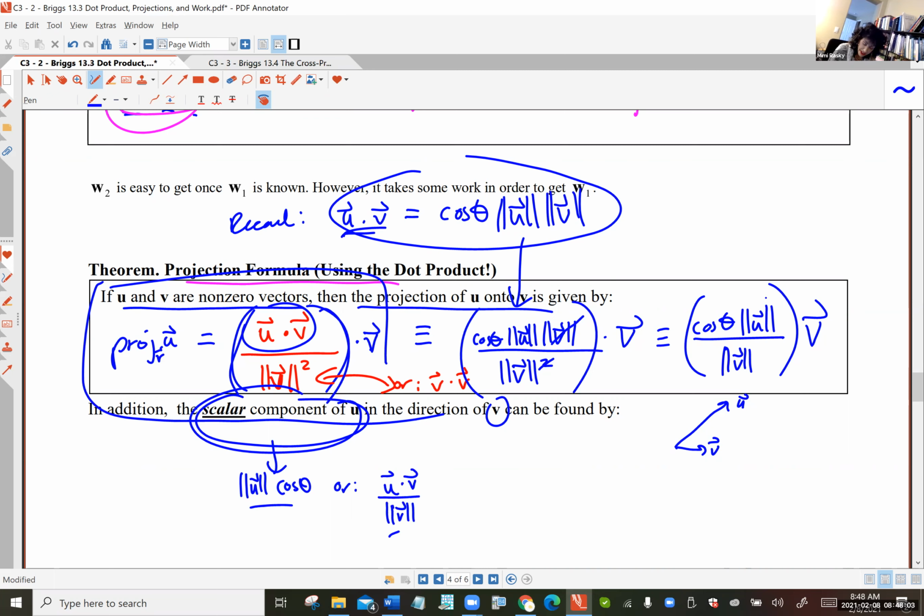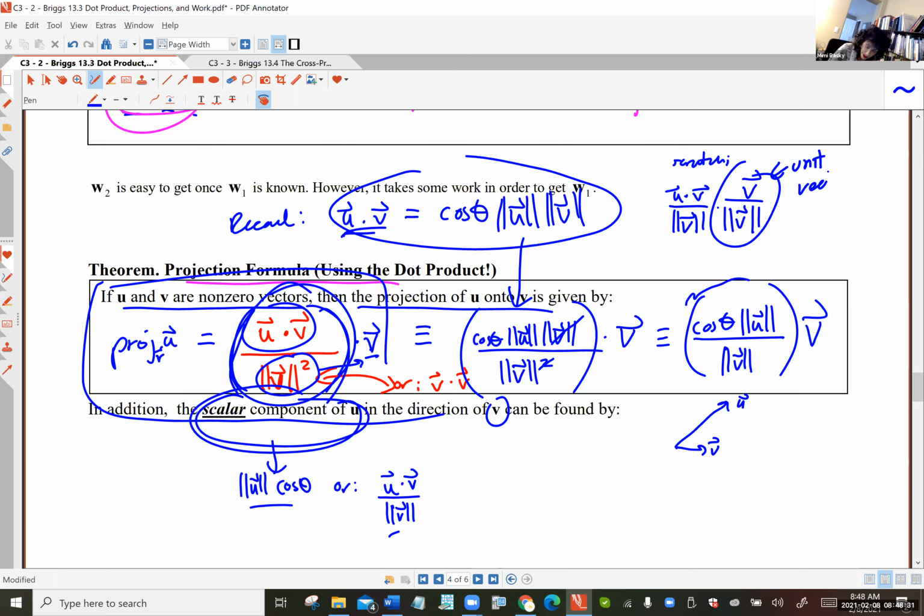So why is that? Well, how come it doesn't look like this? Well, the way it is, if you took one of these magnitudes of v and moved it over here and put it underneath v, I'll do a little bit of scratch over here. So you still have the u dot v, and one of the magnitudes of v is down there, and you move the other magnitude underneath the vector v, this is now a unit vector pointing in the same direction as v, and this right here is the scalar component.